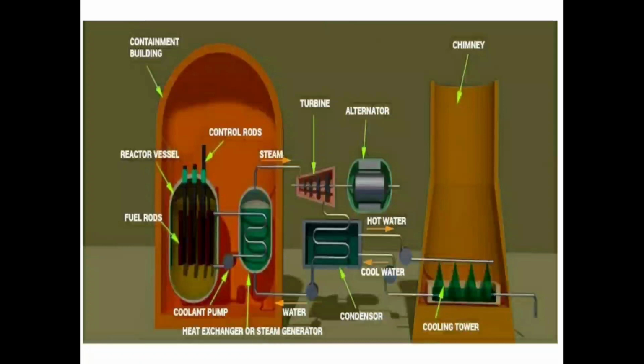The turbine rotates and thus it produces mechanical excitation to the alternator, whose output is the electrical energy.